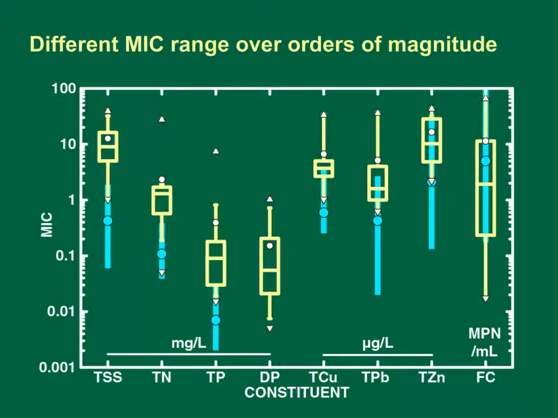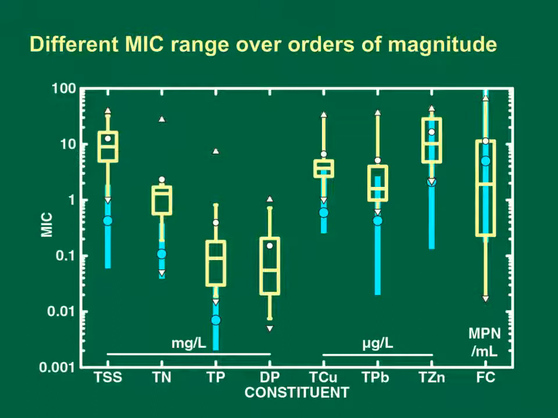The minimum irreducible concentration, MIC, is commonly defined as either the lowest concentration that can be achieved by a BMP or the background concentration. This graph is a yellow box plot showing the literature values for different constituents and a blue dot and line plot showing the MIC values calculated from the International BMP database values as blue lines.